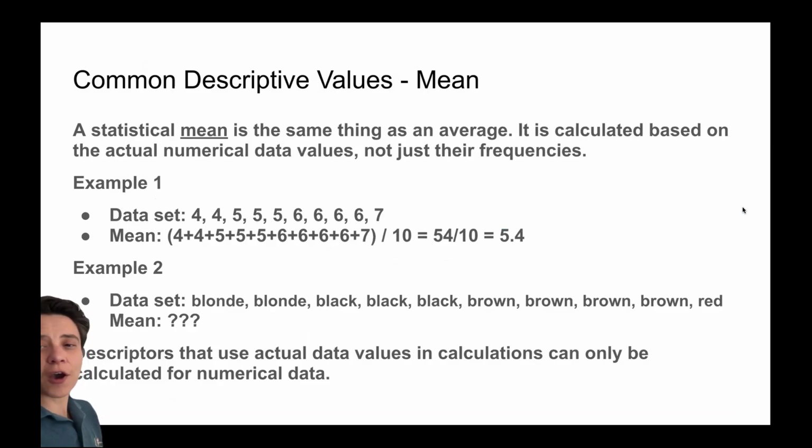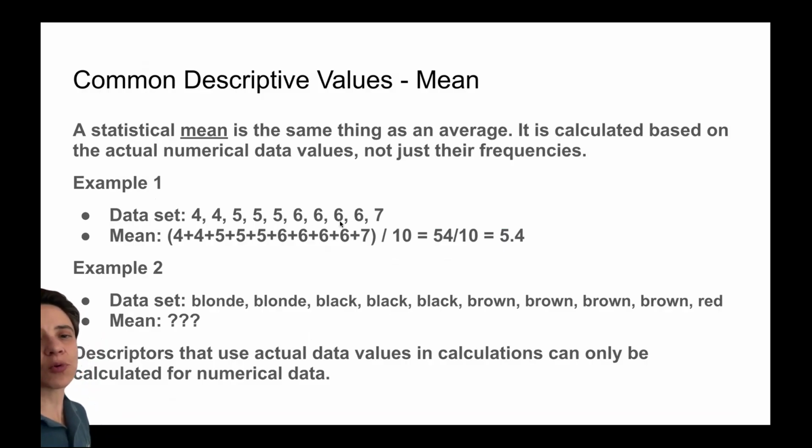Other statistics, though, you can't do that. A statistical mean, which is the same as an average, which you've calculated in other math classes, I'm sure, is actually calculated based not on how frequently values show up, but on what the values are. For this first list, we'll say this is a list of ages, you can calculate the mean because you can add those values up and then divide by the number of values.